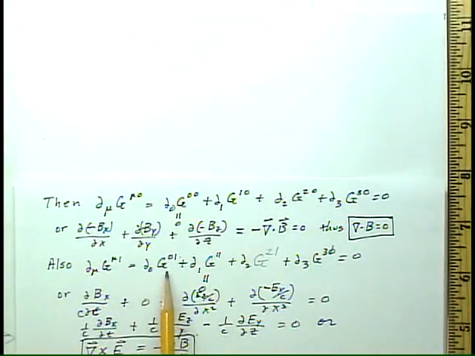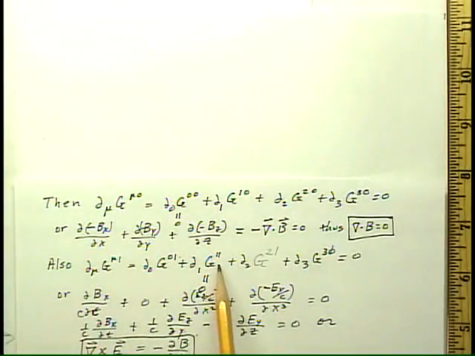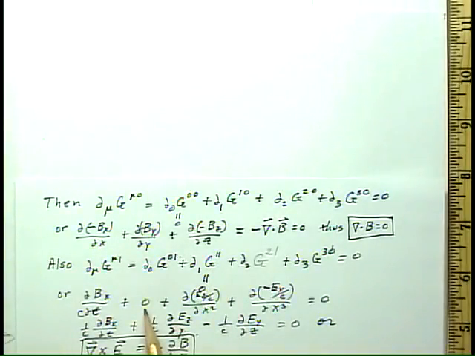Writing these out, this first term, G01, is the partial of Bx with respect to ct. The G11 vanishes, so it's 0. The G21 is Ez over c with respect to y, or x2. And finally, the G31 is minus Ey over c with respect to z. All of that will equal 0.